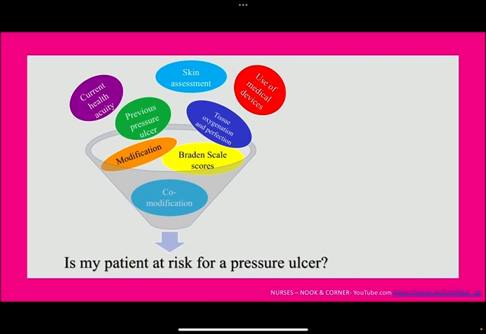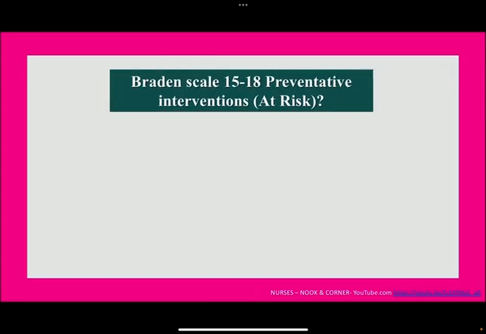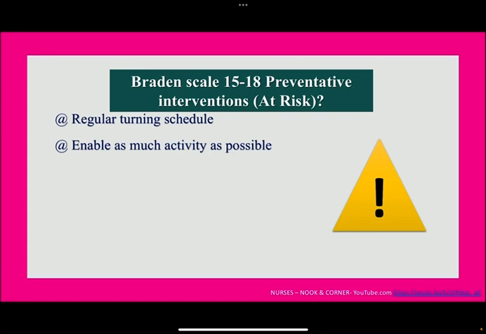So what do we have to do? The nurse has to do the plan of care. What is the plan of care here? For a Braden score from 15 to 18, the preventive intervention for the at-risk patient requires a regular turning schedule and enabling as much activity as possible.